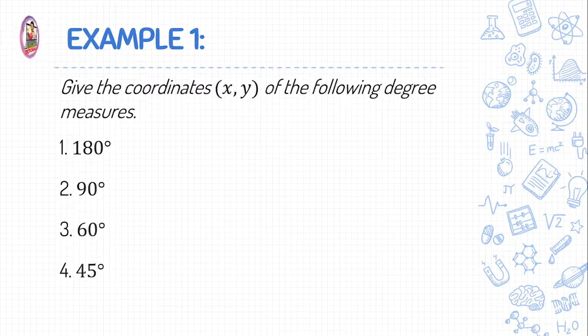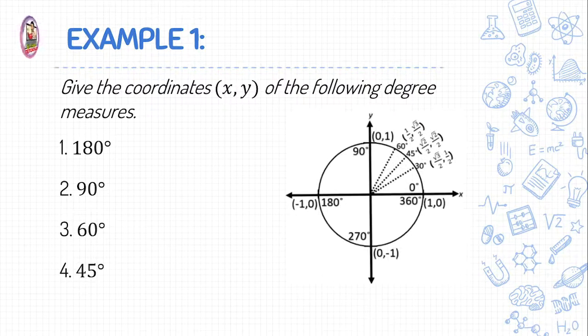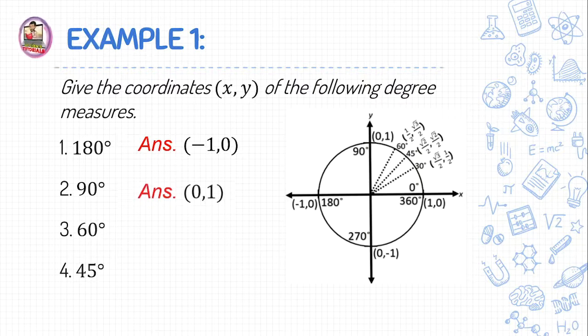So, example 1. Give the coordinates x, y of the following degree measures. So, we'll be making use of this diagram. So, the angle is 180. Our coordinates, we have negative 1 and 0. Kung 90 siya, looking at our diagram, we have 0, 1.